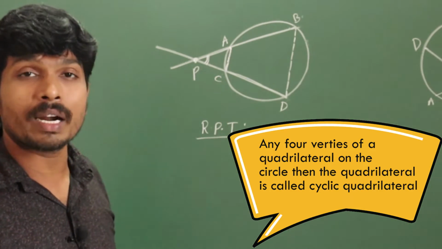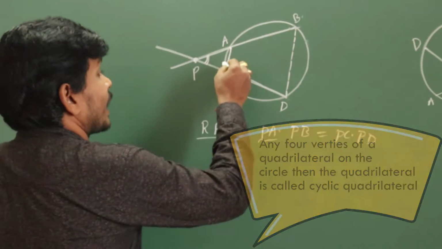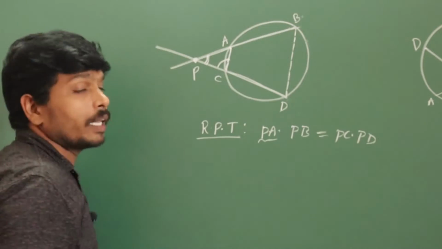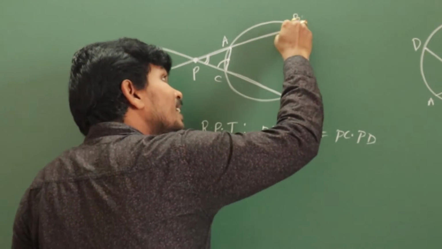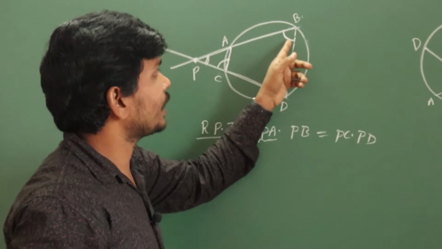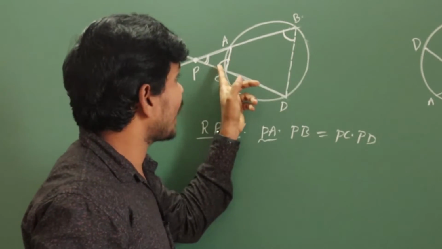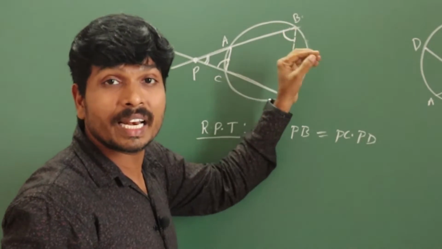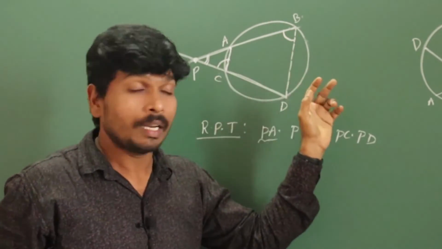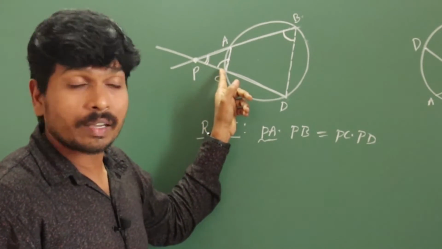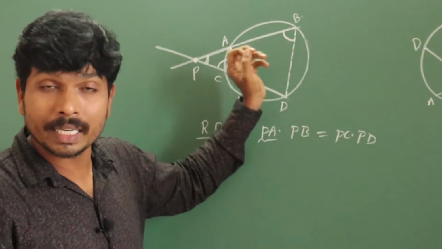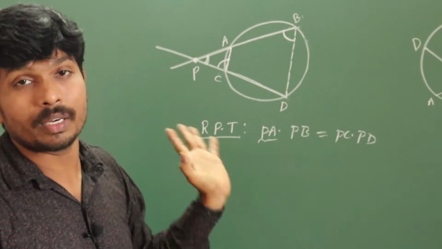In a cyclic quadrilateral, an exterior angle formed is equal to its opposite interior angle. You take angle C; its opposite interior angle is equal to this exterior angle. It is possible in a cyclic quadrilateral only.